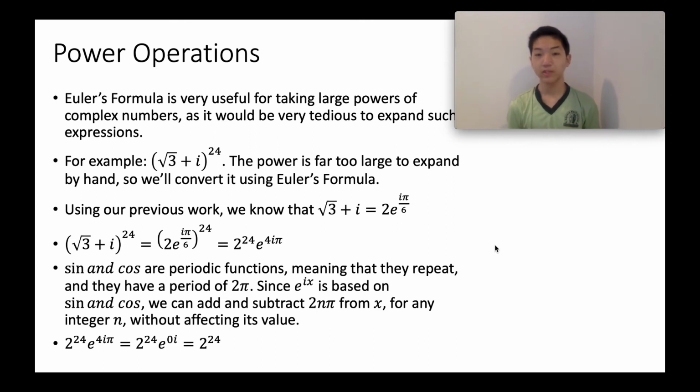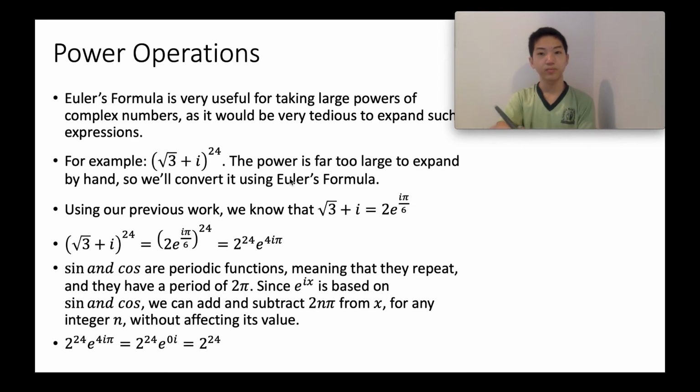Euler's formula is very useful for taking large powers of complex numbers, as it would be very tedious to expand such expressions. So for example, let's say we have to find radical 3 plus i to the 24th power. The power is far too large to expand by hand, so we'll convert it using Euler's formula.